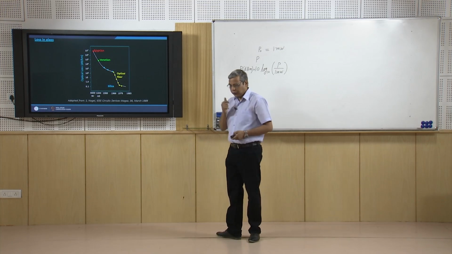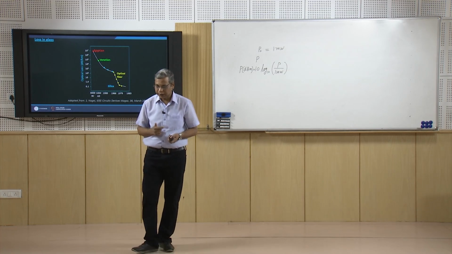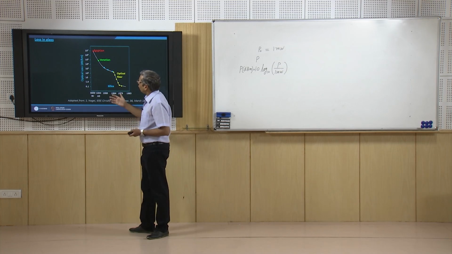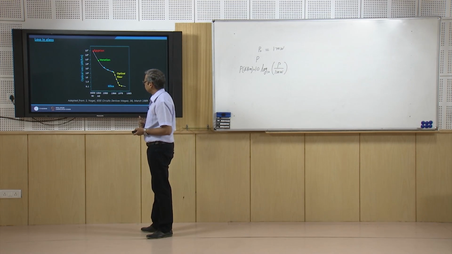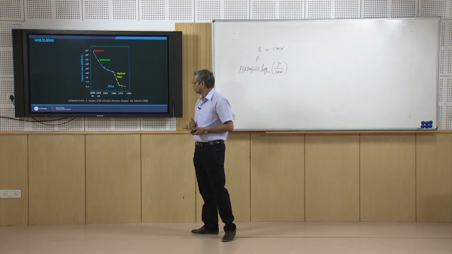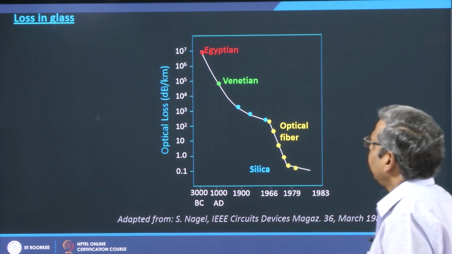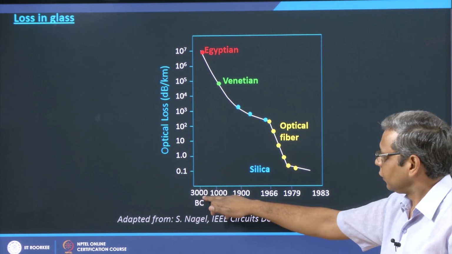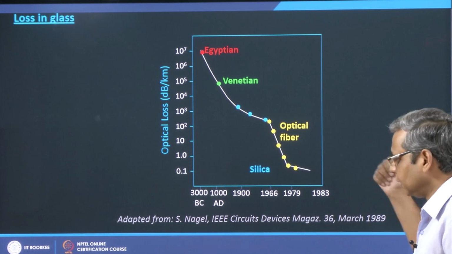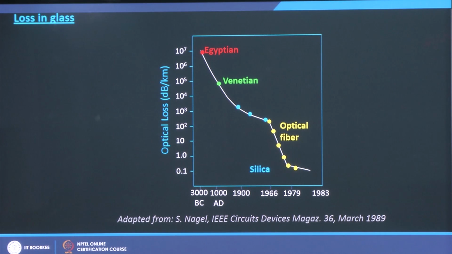Now, let us look at loss in glass, how the transmission in glass evolved over time. So, here I have plotted optical loss in dB per kilometer with time, which has been taken from IEEE Circuits Devices magazine, 1989. Please note that on the x axis it is not equally divided years, equally divided scales.